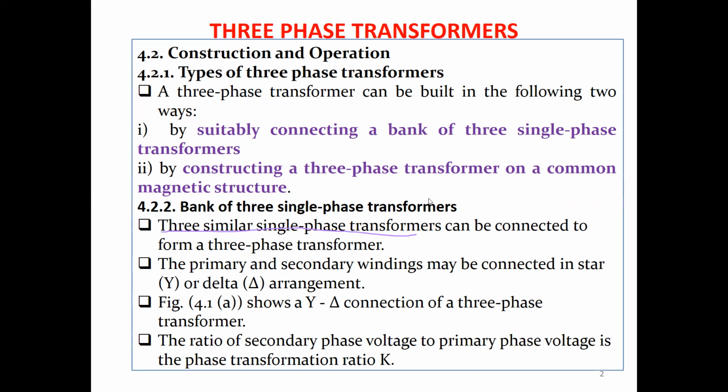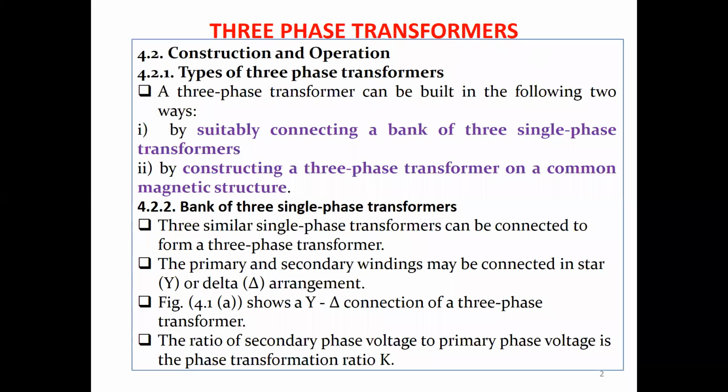The primary and secondary windings of the three single-phase transformers can be connected in either a star or a delta arrangement. So we have a figure.